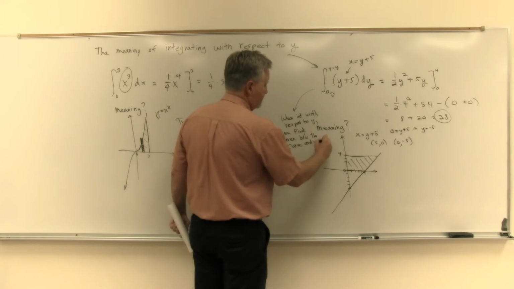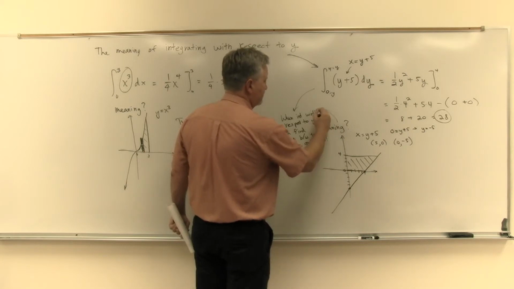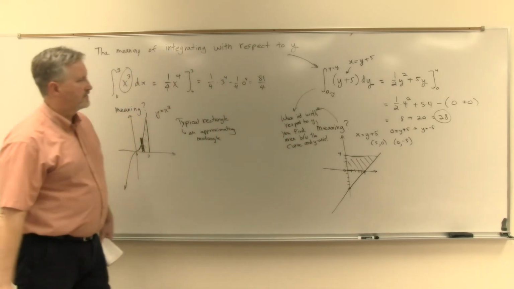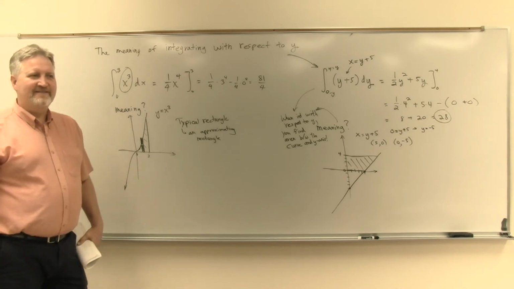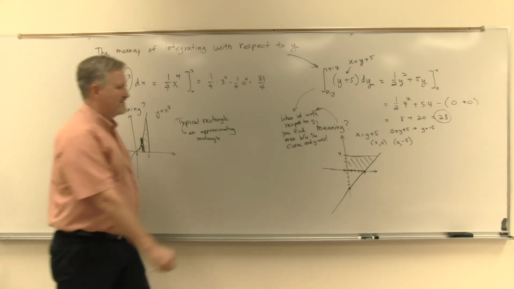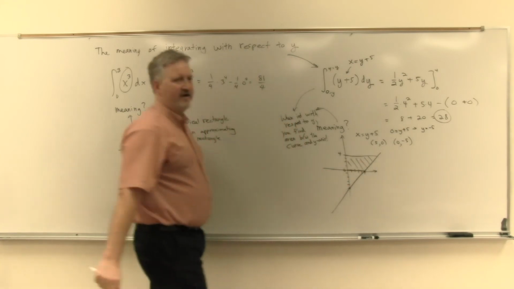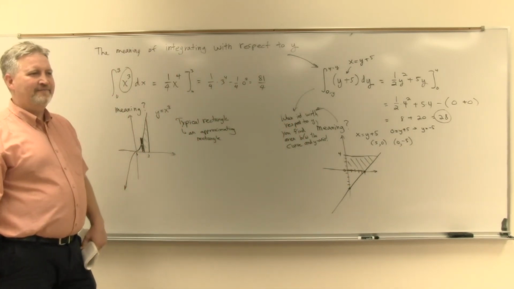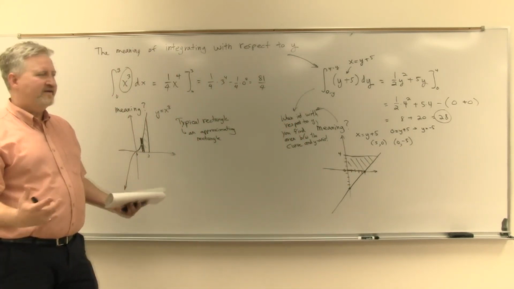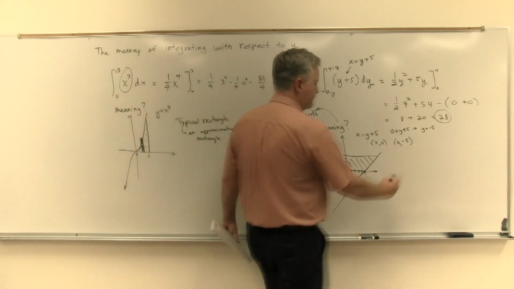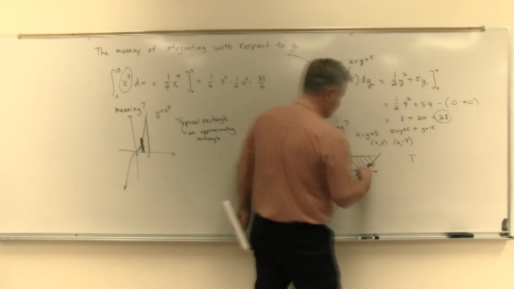So that sort of makes sense, hopefully. Between the curve and the y-axis. All right? Now again, if they ask about the typical rectangle, that area is 28.